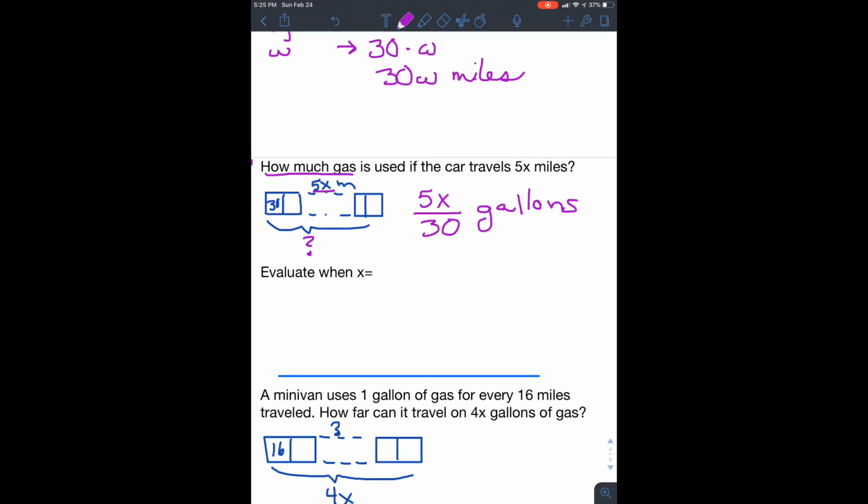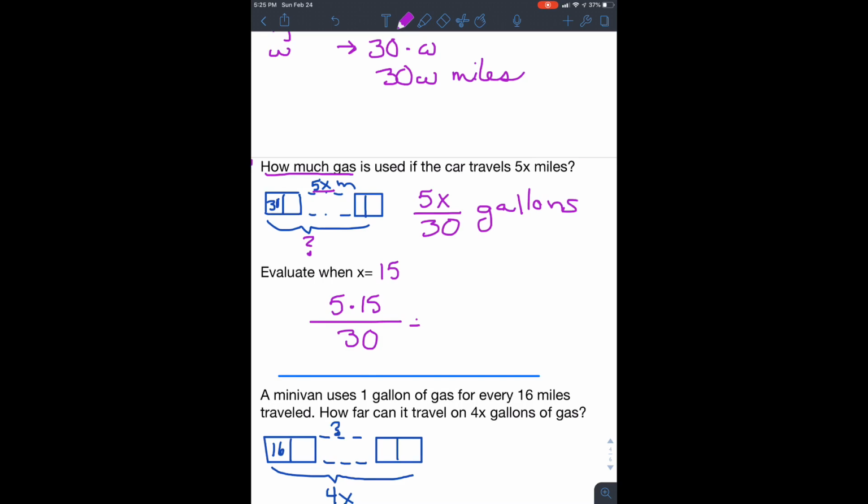Now it says evaluate when x equals, and we're going to say that x is going to equal 15. So if x equals 15, we're going to rewrite the problem. 5 times 15 over 30.